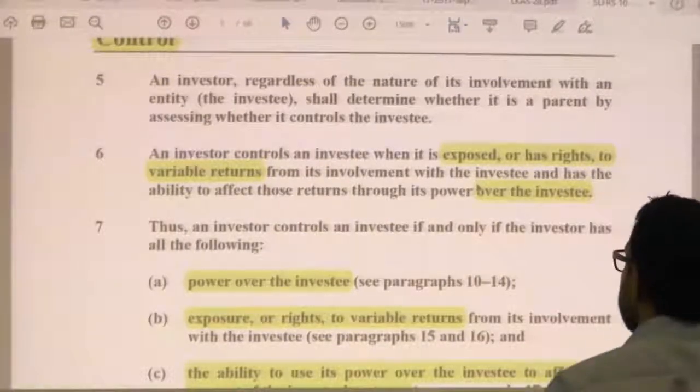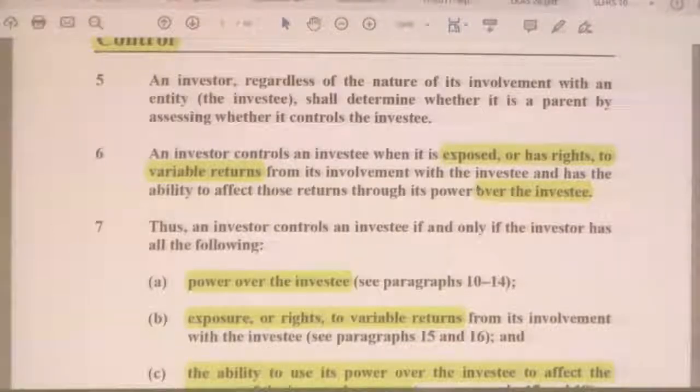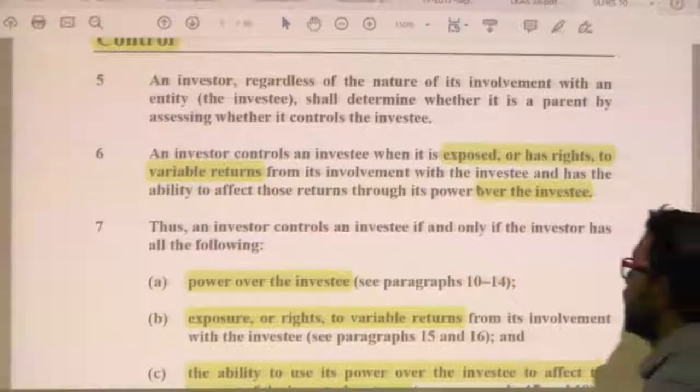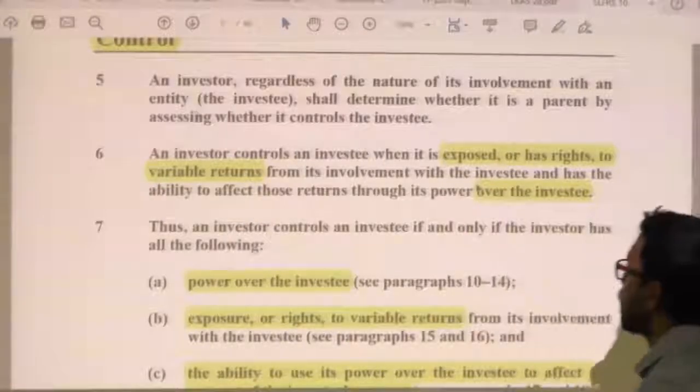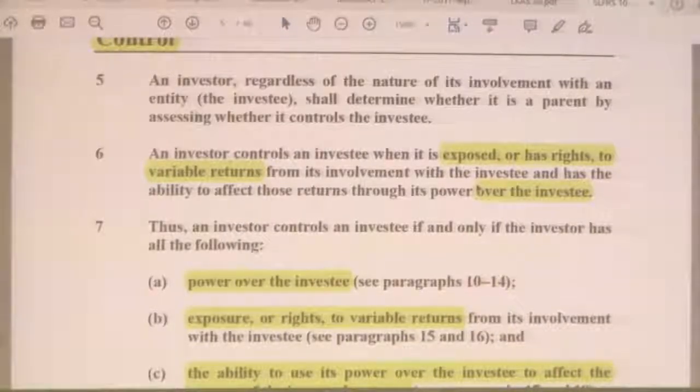An investor controls an investee when it is exposed or has rights to variable returns from its involvement with the investee and has the ability to affect those returns through its power over the investee.